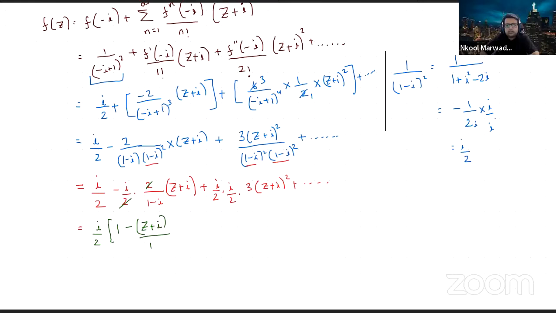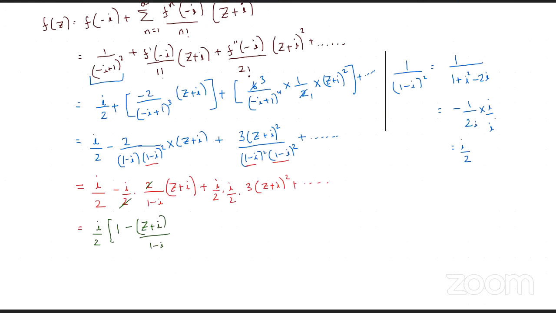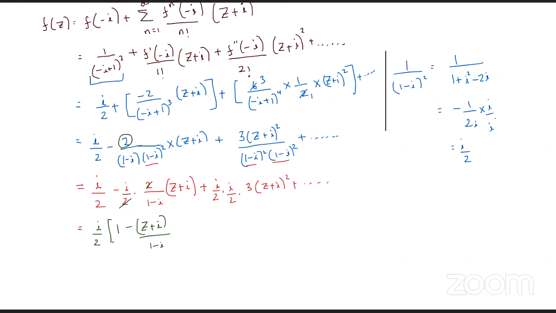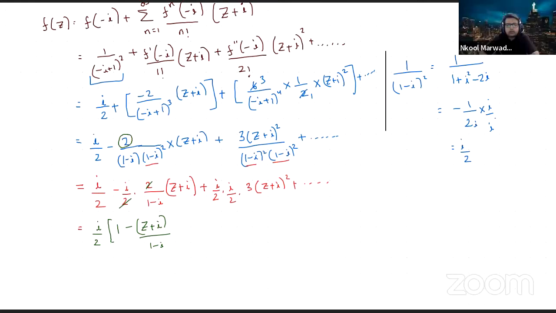This, no, it will be 2. The 2 will be there, in the numerator, we are taking I by 2 common, no? Yeah, this 2 will be there in the series. Sorry, sorry. You are absolutely right. Yeah, we are taking I by 2 common, so this 2 will be there.